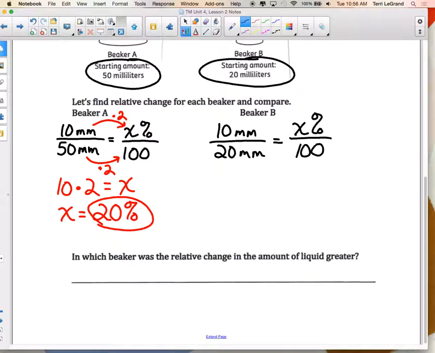Think that should work for finding percent of change for this one? 10 millimeters, how much it changes by, over 20 millimeters, how much it starts at, should be equal to the percent over 100.